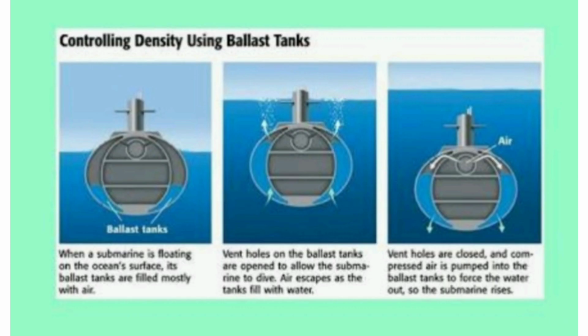If the submarine sinks, it is more dense, when the ballast tank is filled with water. If the submarine floats, it is less dense, when the water is pumped back out and is replaced by air.